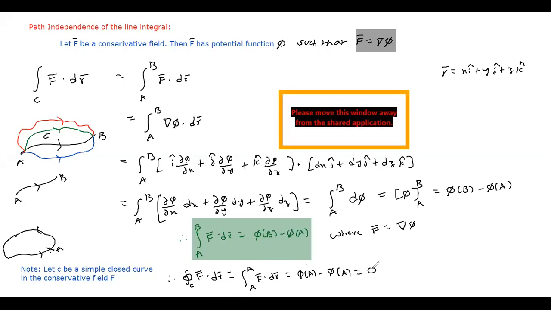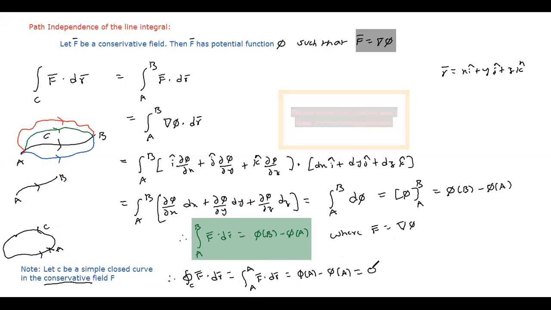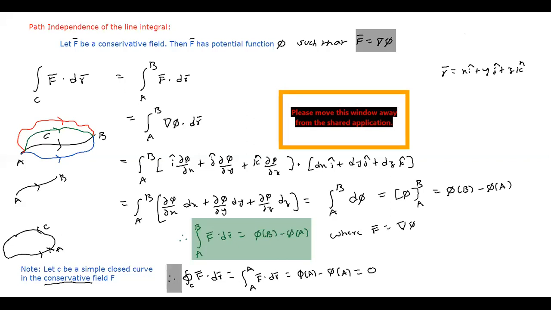Once you identify that the field is conservative and the curve is a simple closed curve, the integration is going to be 0 automatically. So the line integral over every simple closed curve in a conservative field is always 0. No need to evaluate anything.